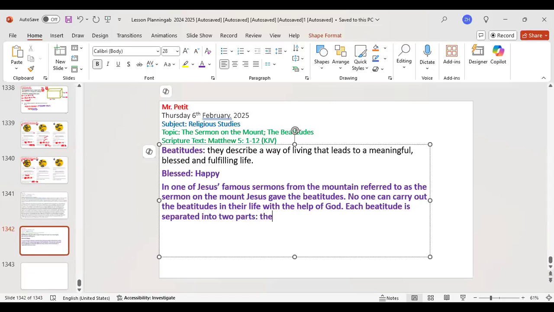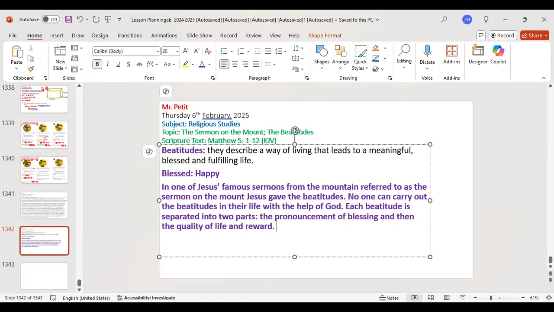Number one, you have the pronouncement of blessing, and then the quality of life. So they tell you blessed, and then they describe the quality of life, right? So it tells you the quality of life and the reward, right? So that's what we have.